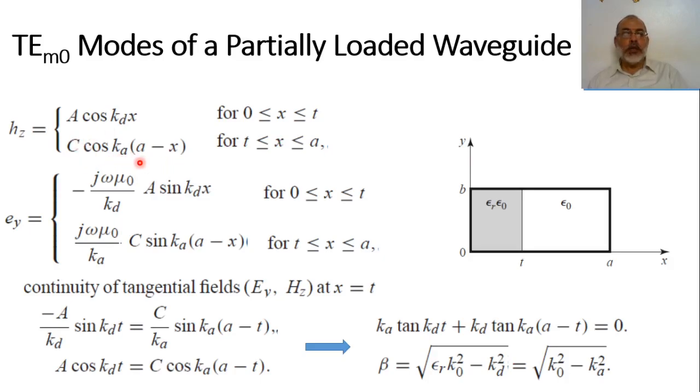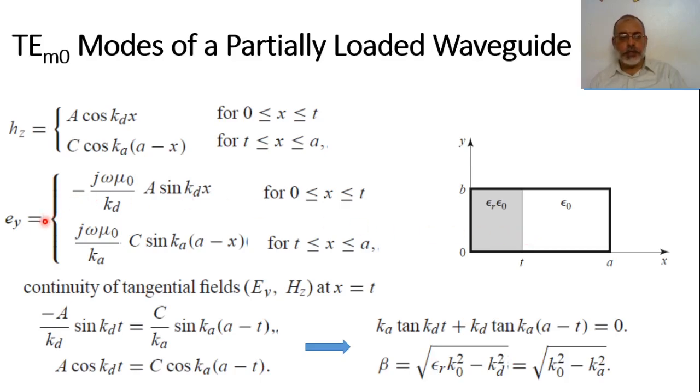We still have the other two boundary conditions. The tangential electric field at the dielectric interface at x equals t minus should equal the tangential electric field at x equals t plus.